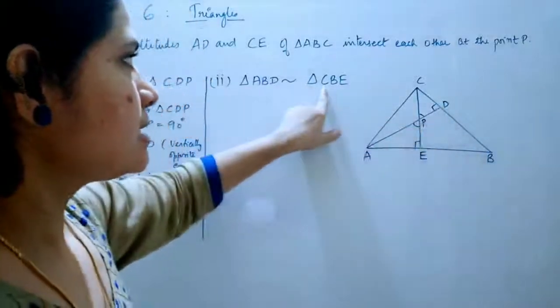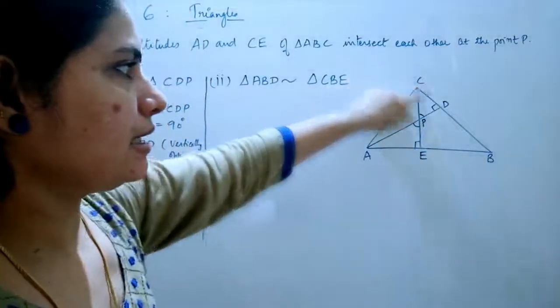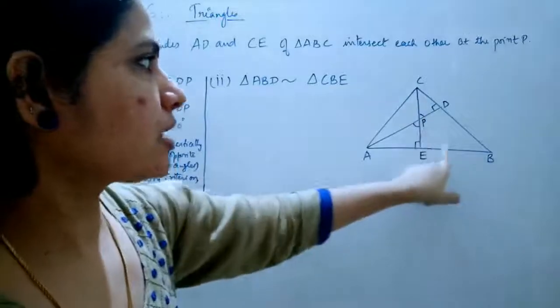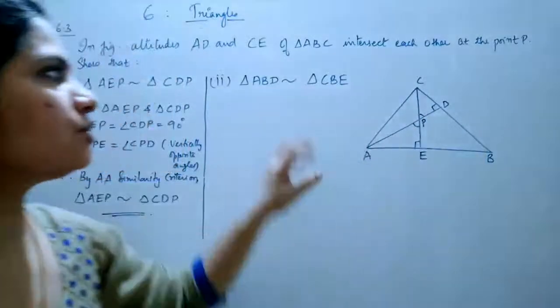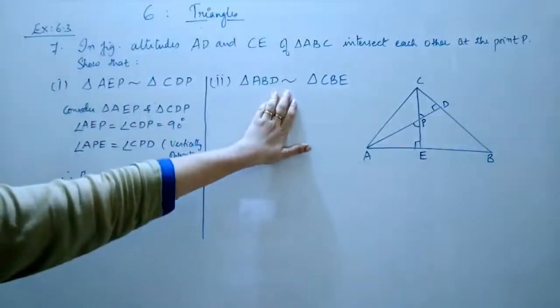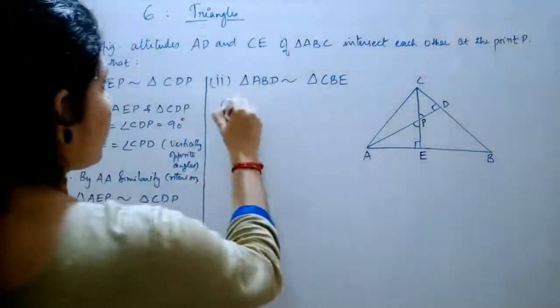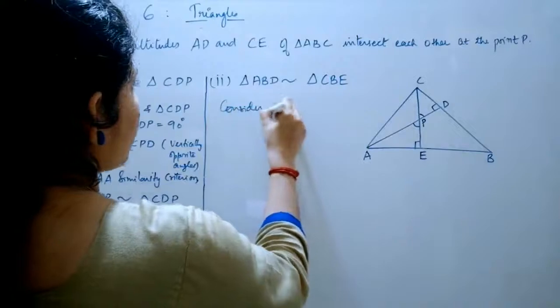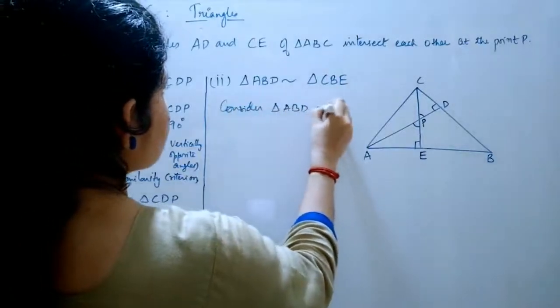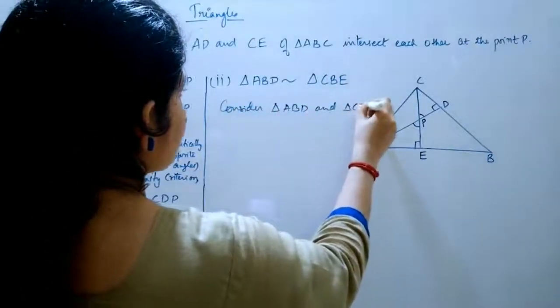and CBE. So this triangle and this triangle, you need to show that they are similar. So for this you are considering both the triangles ABD and triangle CBE.